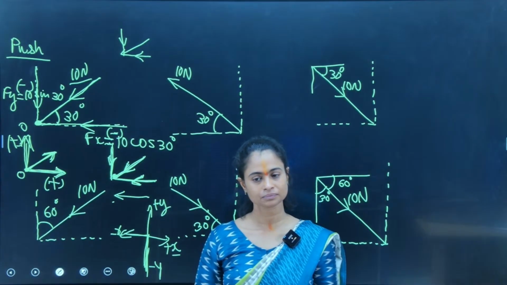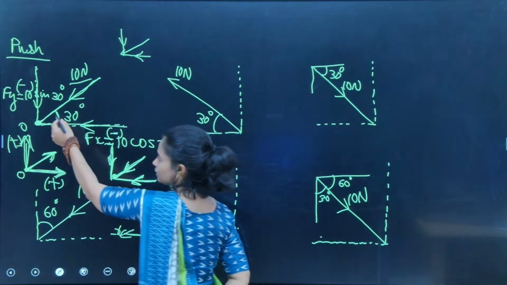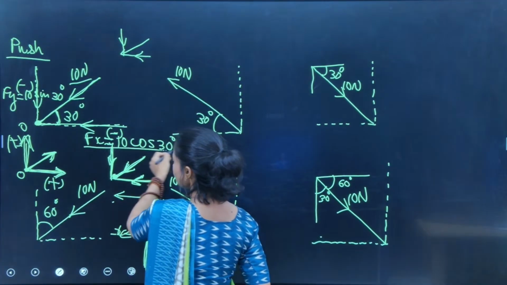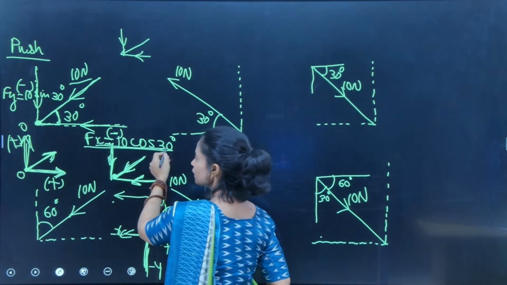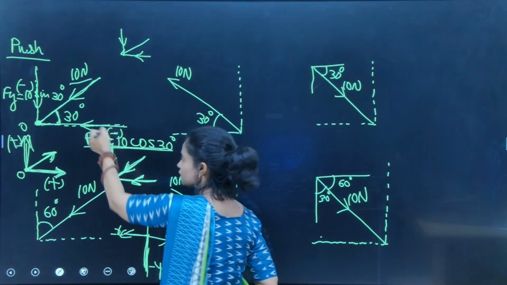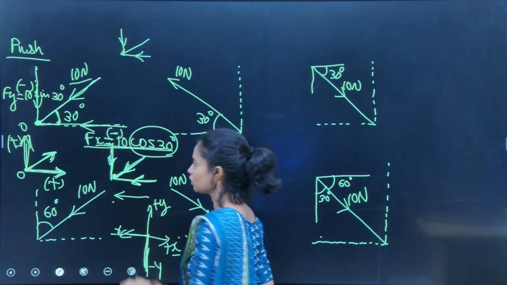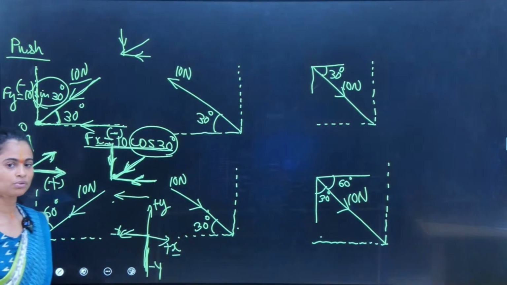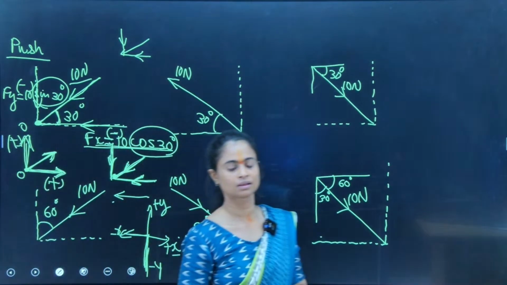And theta is with the horizontal, so this will be the cos component. Since theta is close to the horizontal, I have taken it as the cos component, and the other component will be the sine component. Clear?